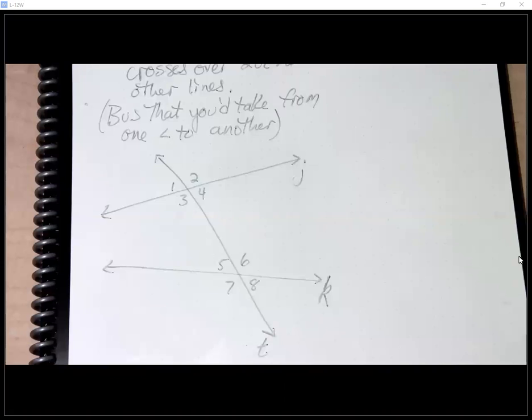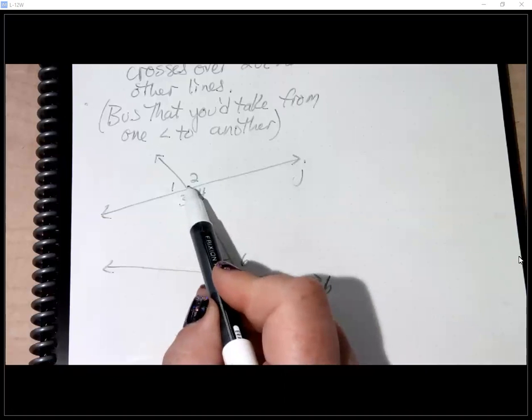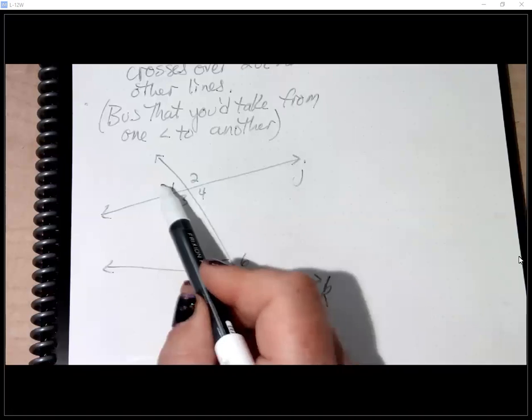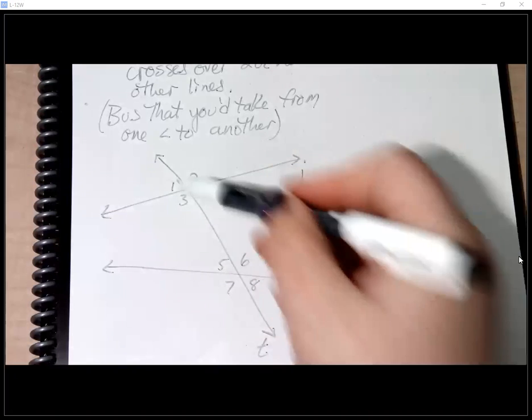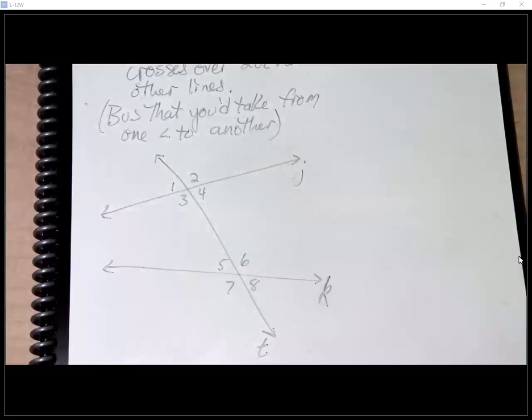So remember that they have to share a vertex and they're like staring at you, if it was a dinner table, they'd be the ones you're looking right at, right across the way from you. You can't have a pair of vertical angles where one's up here and one's down here. They're different tables. Those would not count.